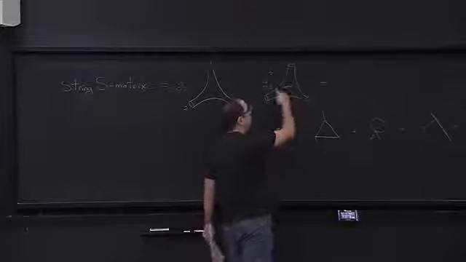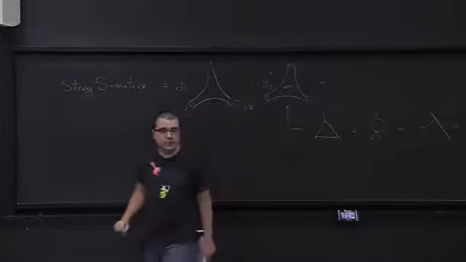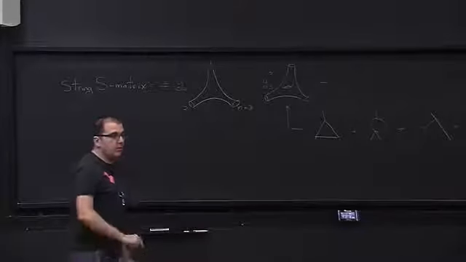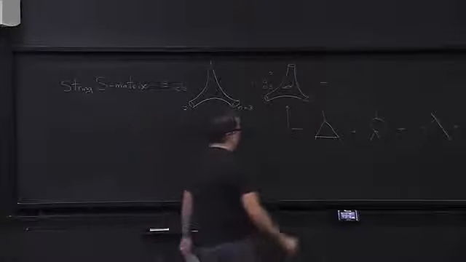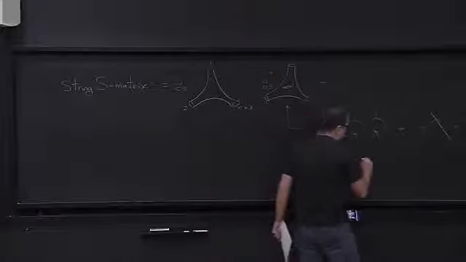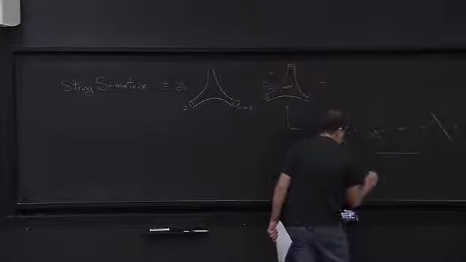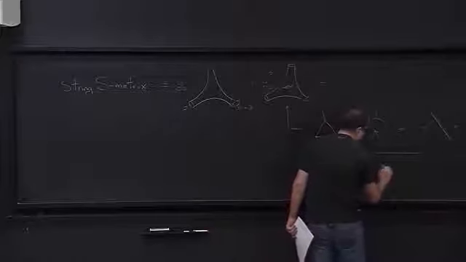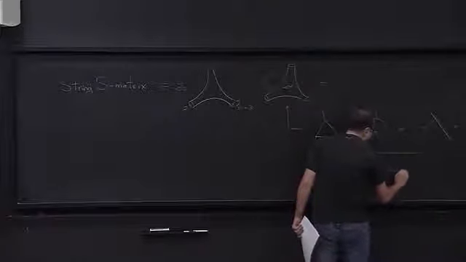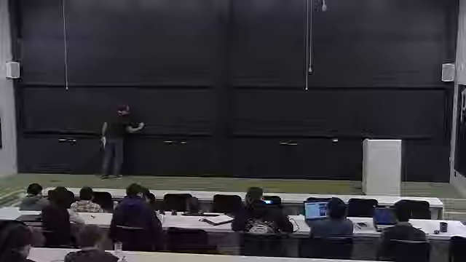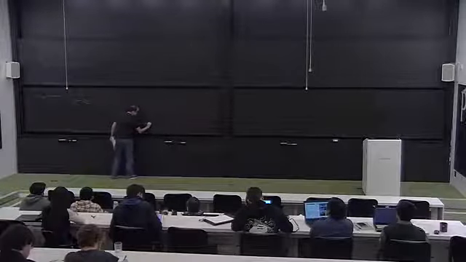By integrating over all possible shapes of these tubes, I take into account all diagrams at once. So all these diagrams, they are all, and I will underline all, contained in a single string topology.